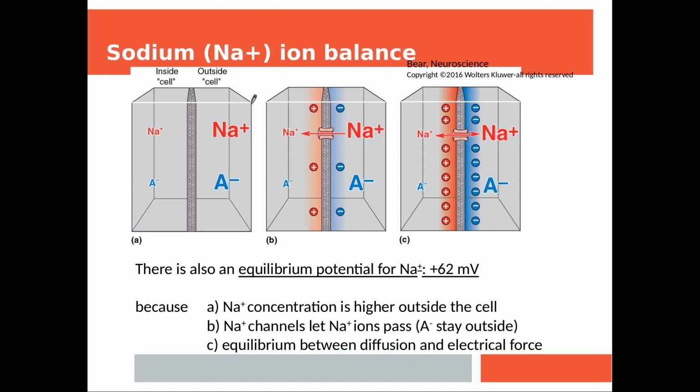Because of the ion pump that I'll explain in a moment, there's more sodium outside the cell. Lots of sodium outside the cell. And this concentration, if you allow it to travel through the cell, will try to diffuse to equalize the amount of sodium inside and outside.